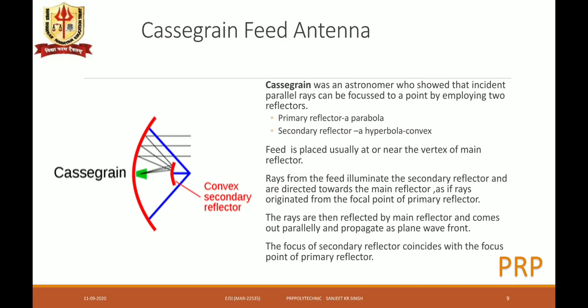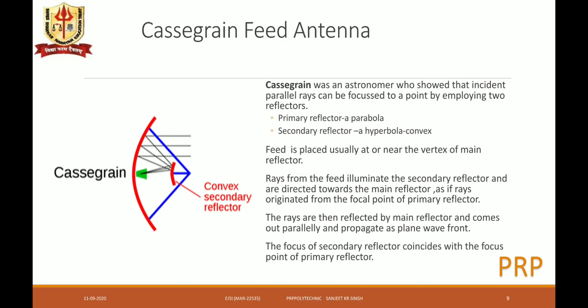The feed is located on the main dish side. Rays from the feed illuminate the secondary convex reflector and are directed towards the main reflector as if the rays originated from the focal point of the primary reflector.